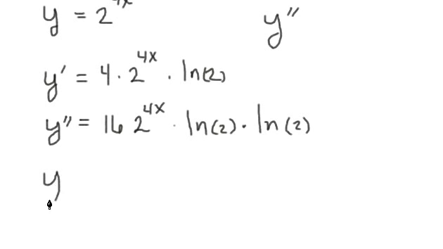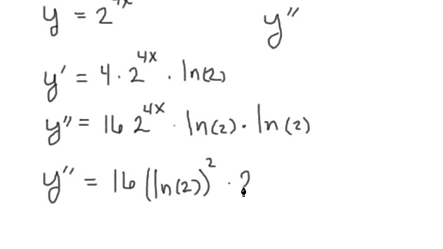So we have y double prime is equal to 16, and I'm going to join both of these together, natural log of 2, and there's 2 of them, they're multiplied, so that'd be quantity squared times 2 raised to the 4x. Alright, good enough.